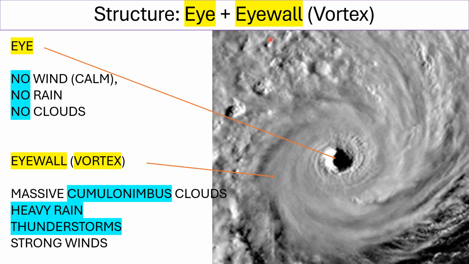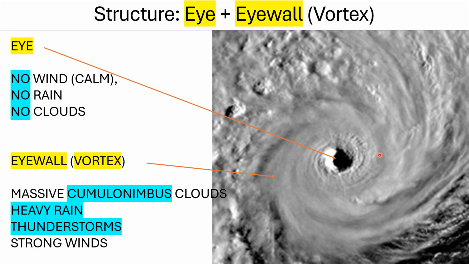It is important to remember the type of weather that is experienced at the eye as well as the eye wall. At the eye, we find that there is no wind, no rain, and no clouds whatsoever. The area surrounding the eye, which we call the eye wall or the vortex, is characterized by massive cumulonimbus clouds. And from these clouds, we have heavy rain falling that is accompanied by thunderstorms.